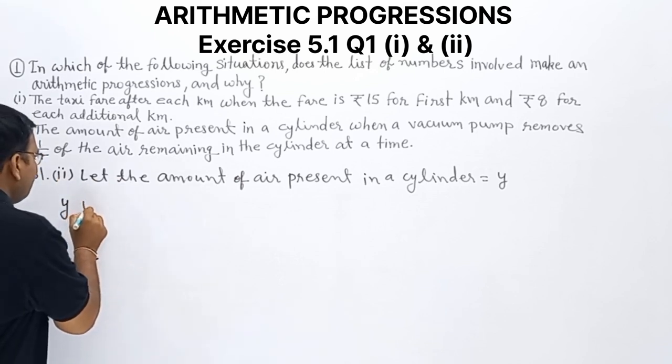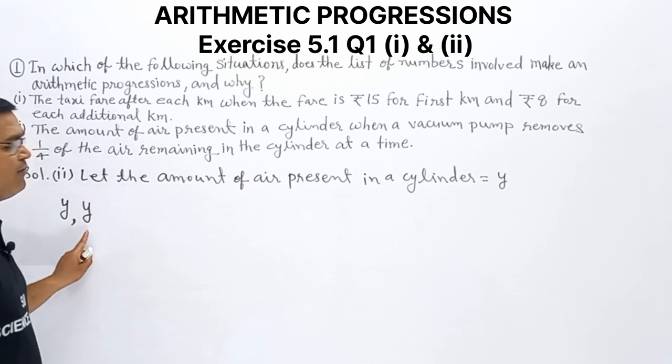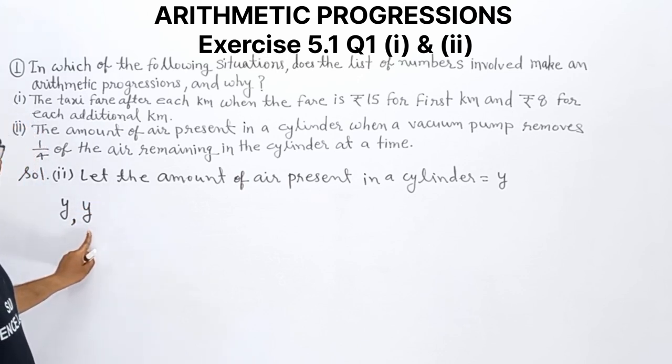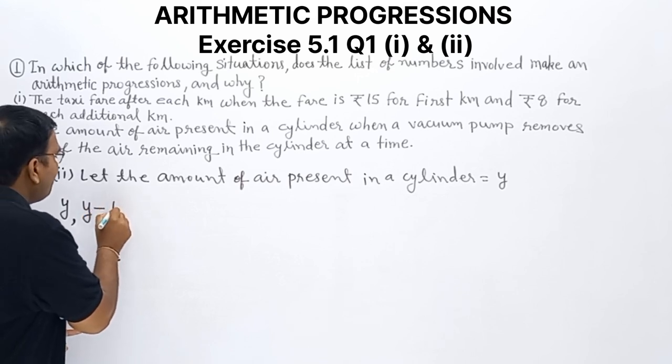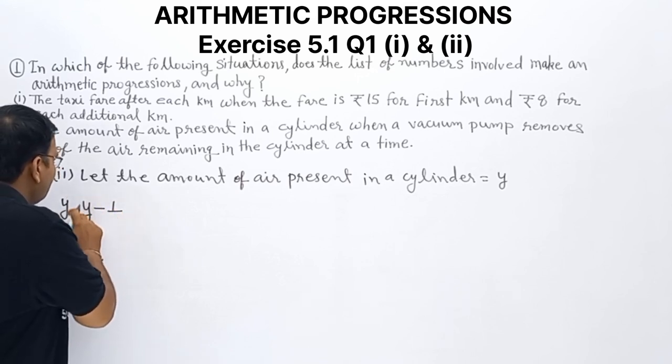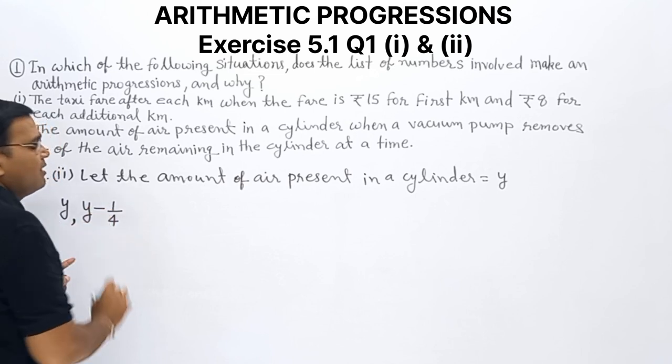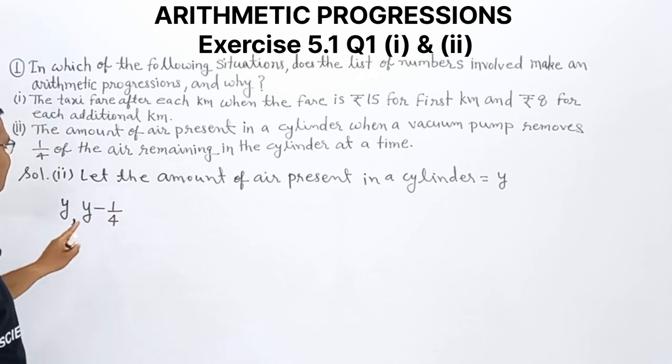So what are we getting? In the cylinder we are having Y amount of air. We are removing 1/4 of the air present in the cylinder. What amount of air is present in the cylinder?